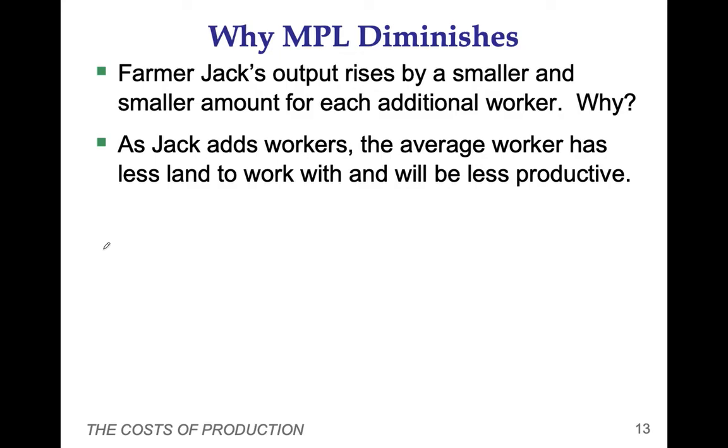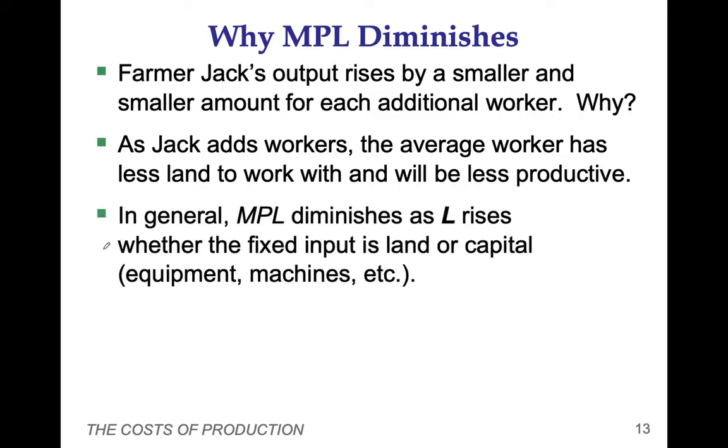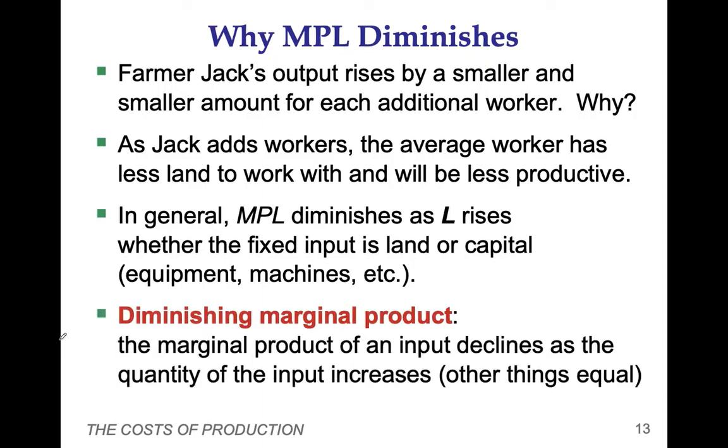Because he has less land to work on compared to worker number one or worker number two, obviously his productivity will be lower. In general, MPL diminishes as L rises, whether the fixed input is land or capital, equipment, machines, etc.